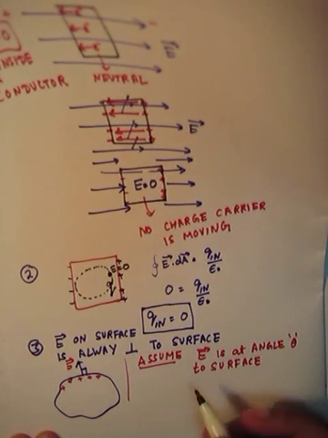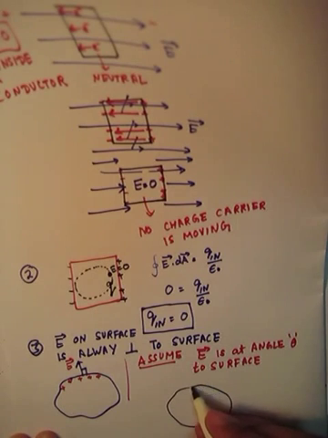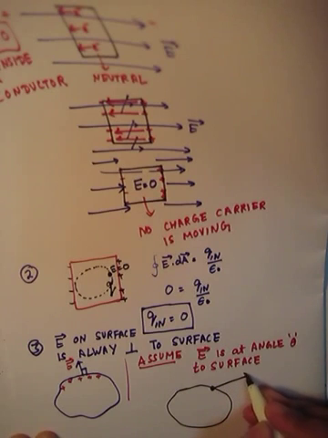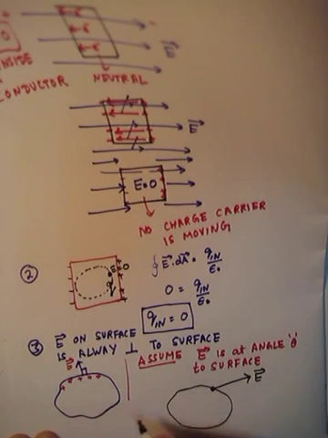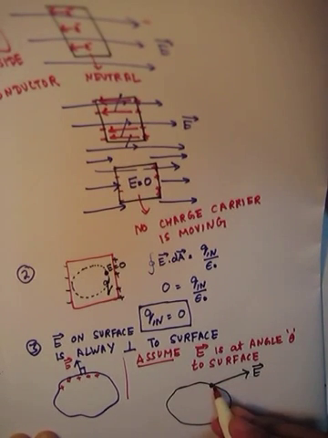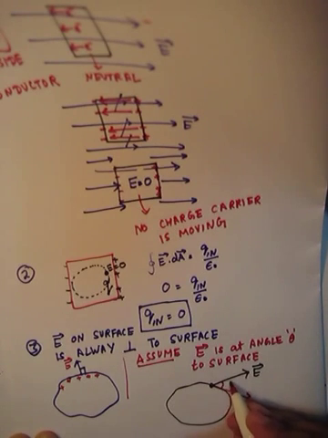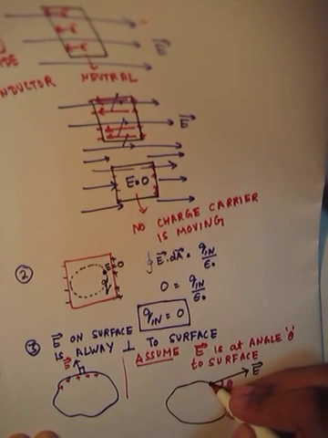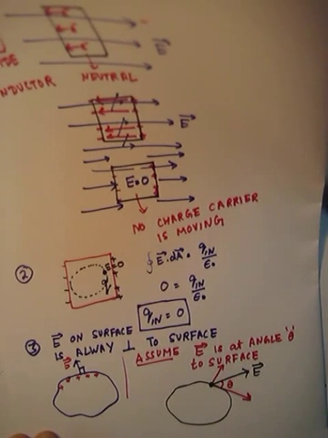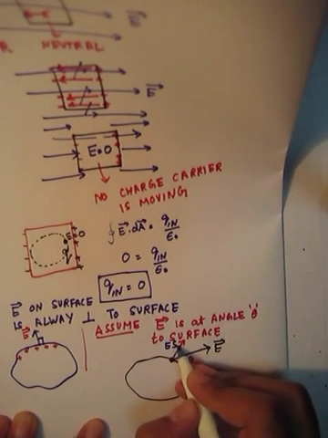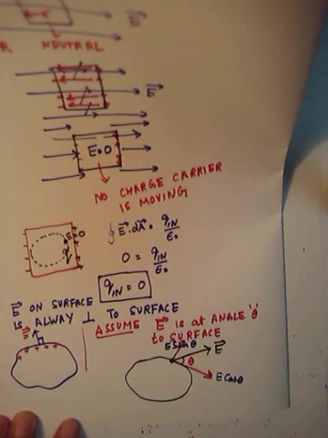So if this is the conductor and we suppose that the electric field is not perpendicular but makes some angle theta with the surface, then this E vector will have two components, E cosine theta along the surface and E sine theta perpendicular to it.